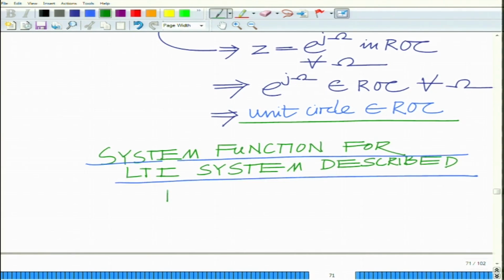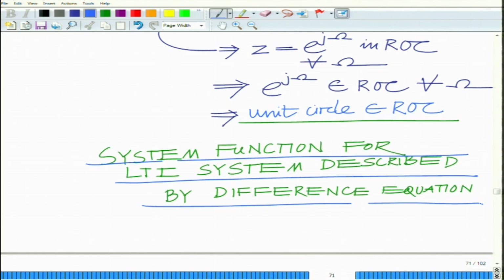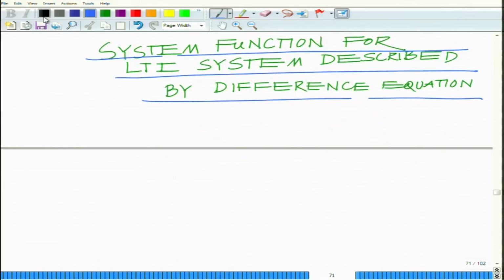So this is the system function for an LTI system described by the difference equation.